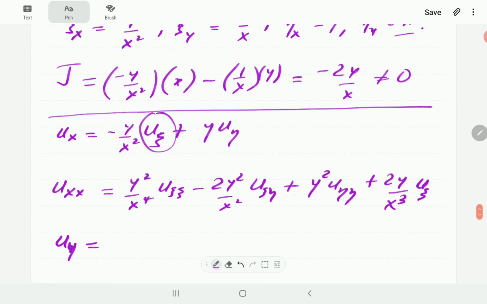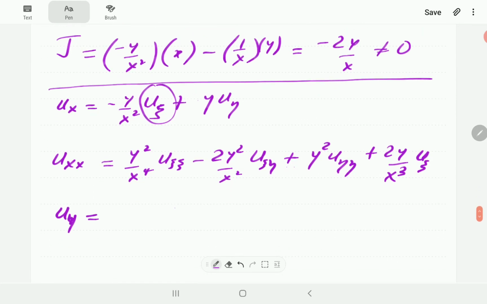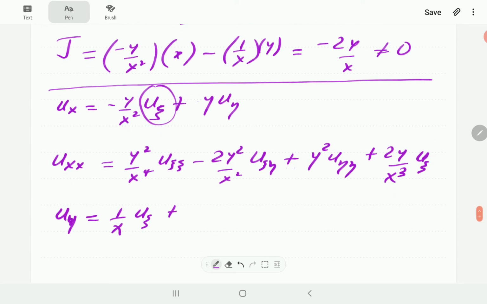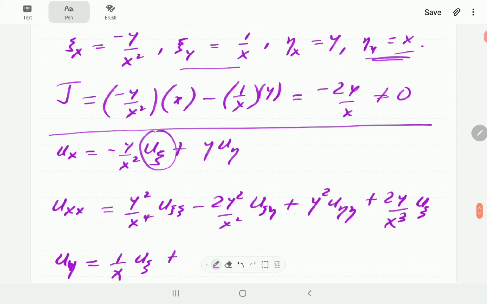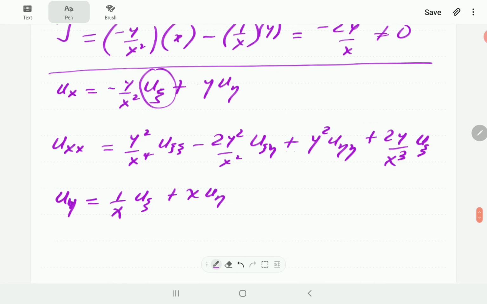All right, okay, then we go to the y derivative. So for the y derivative, we're going to multiply by xi y, so that's 1 over x u xi. Then now we are going to multiply by this one, so that's going to be x u eta.